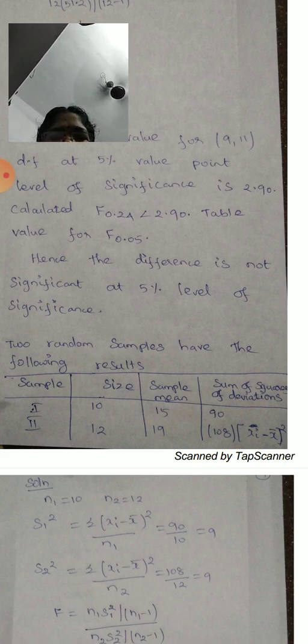Sample 1 mean is 15 and sample 2 mean is 9. The sum of squares of deviations for sample 1 is 90, and for sample 2 it is 108.